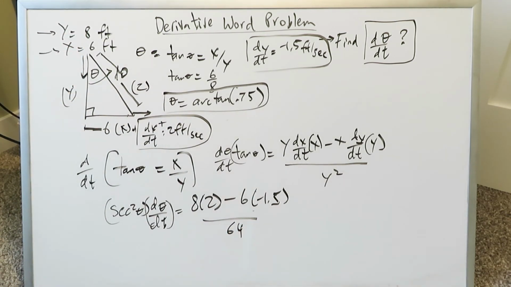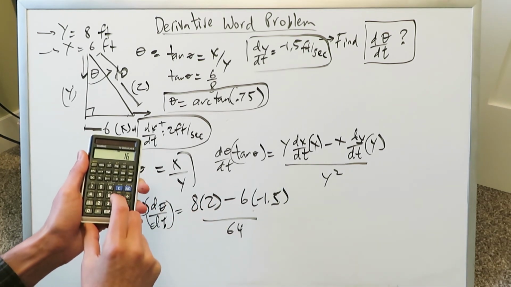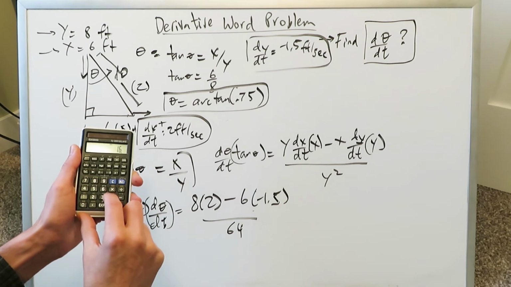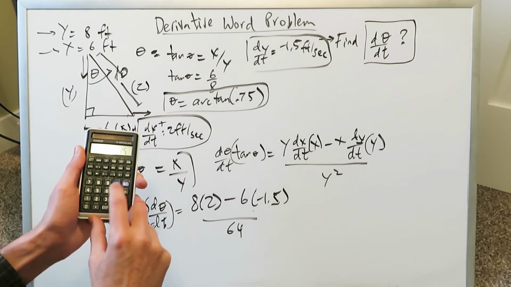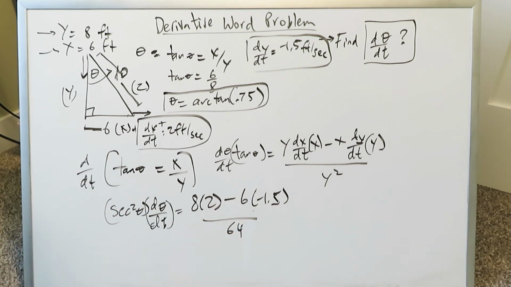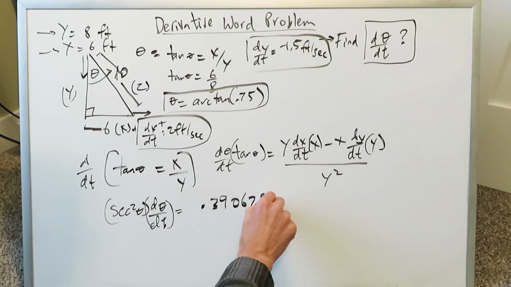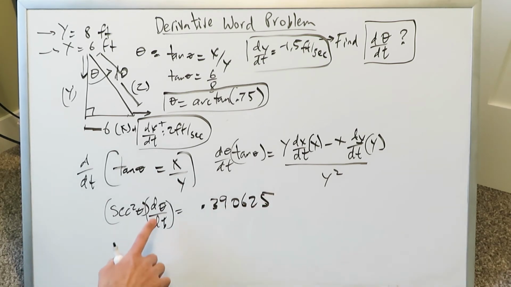When we do this calculation, we need a calculator. We can do 8 times 2, 16, plus 6 times 1.5, all with the minuses cancelling out, plus 9, and divided by 64, I get 0.390625, which I will bring right over here. What I need to do is calculate for this change in angle over change in time.